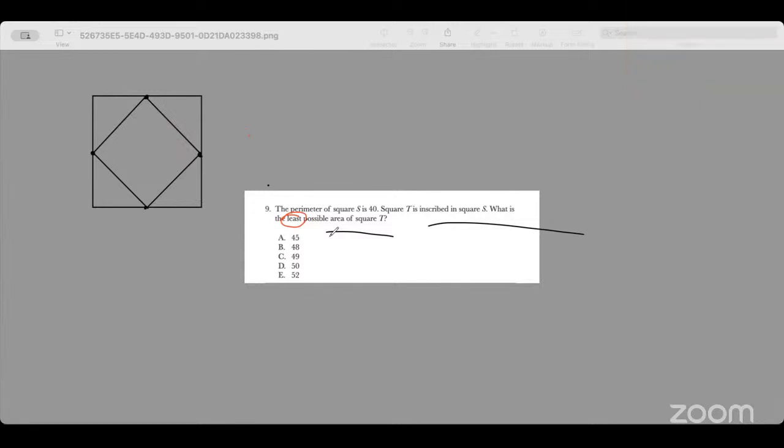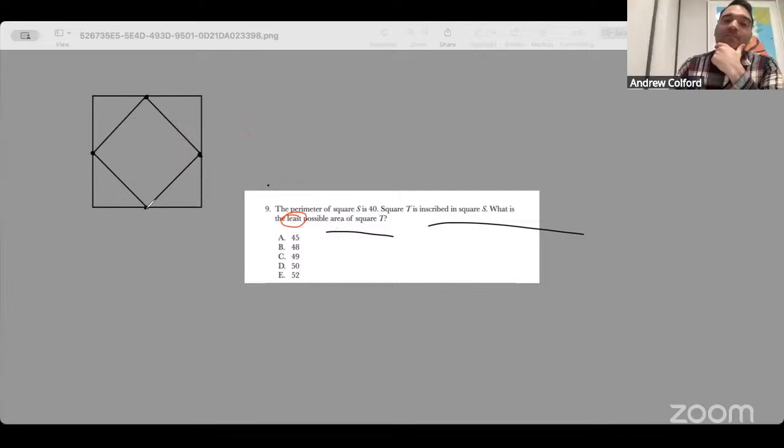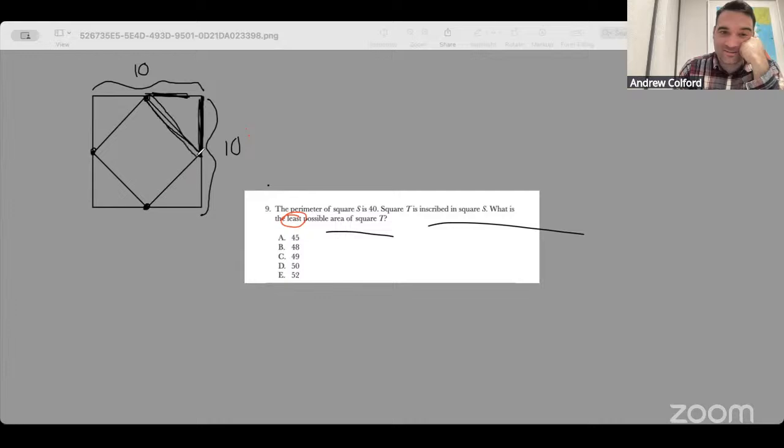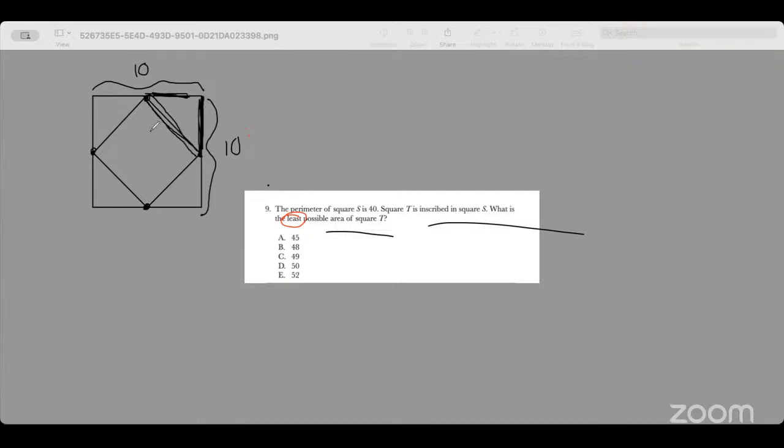So let's again, without even having to assume that this is the middle point, just say this middle square exists, and it has a perimeter of 40, so 10 by 10. Well, if it's smack dab in the middle, what's the distance of that leg right there? 5. And 5, meaning that this is what? 5 root 2.